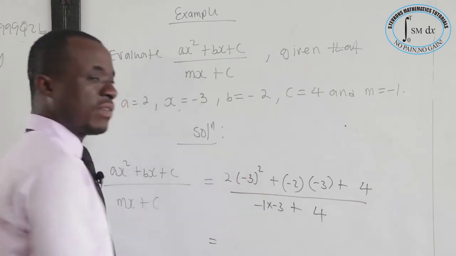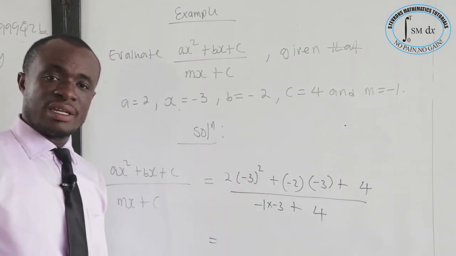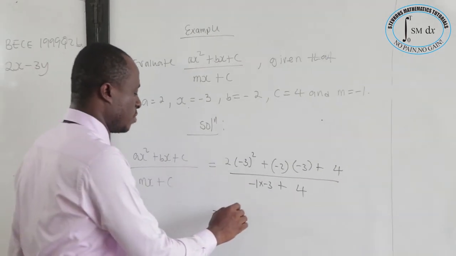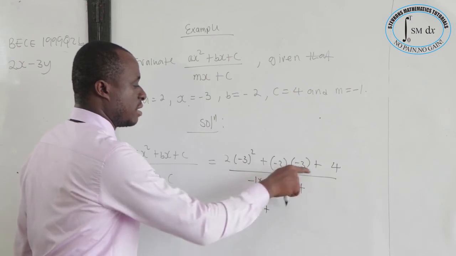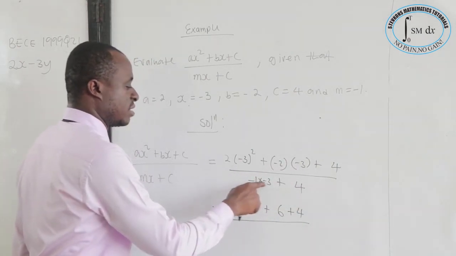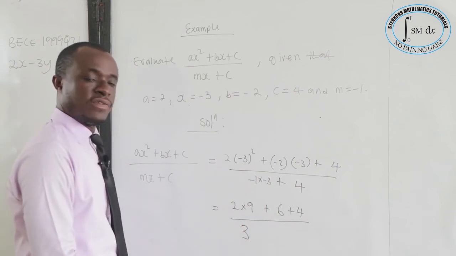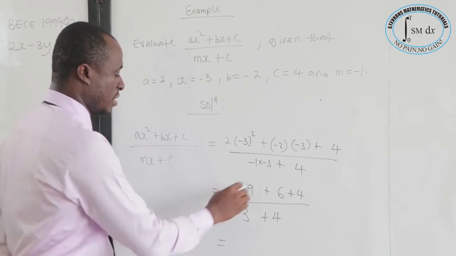Now, negative 3 squared means negative 3 times negative 3, which is 9. 9 times, we have 2 times 9. Plus negative and negative is positive, 2 times 3, 6. Plus 4. All over negative 1 times negative 3. That's positive 3. Plus 4. Looking at the numerator, 2 times 9 is 18.